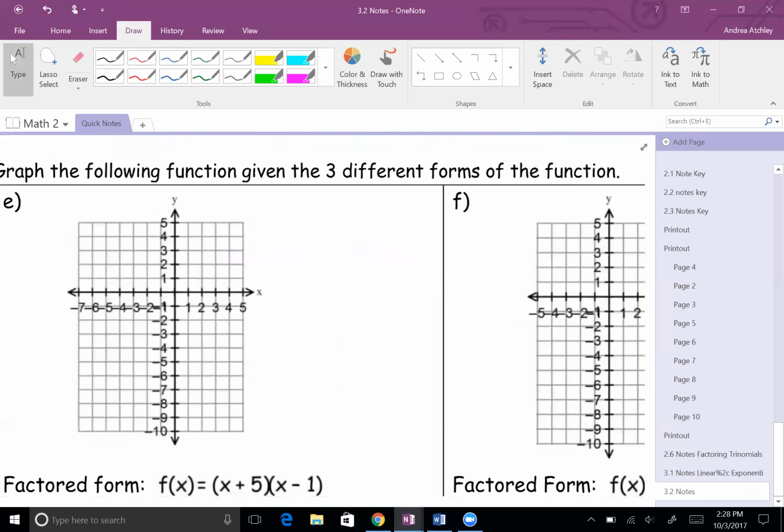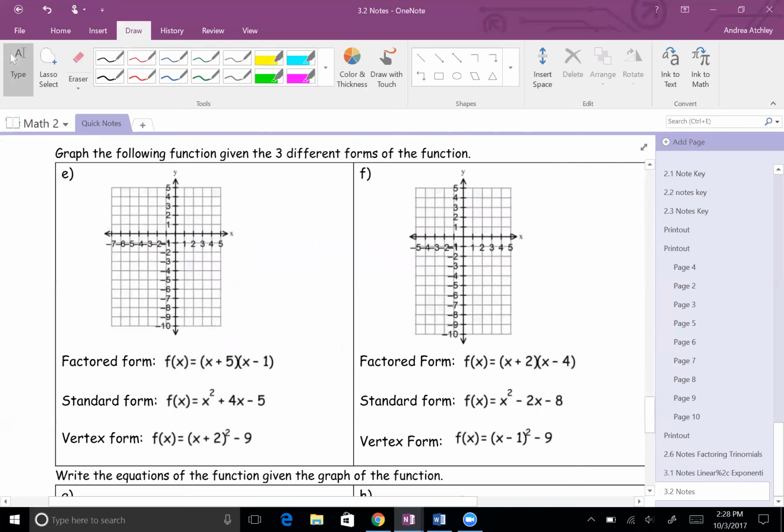Okay, so on the next page, they're going to want us to graph. Graph the following function given the 3 different forms of the function. So the first thing we want to do is identify the intercepts using the factored form.